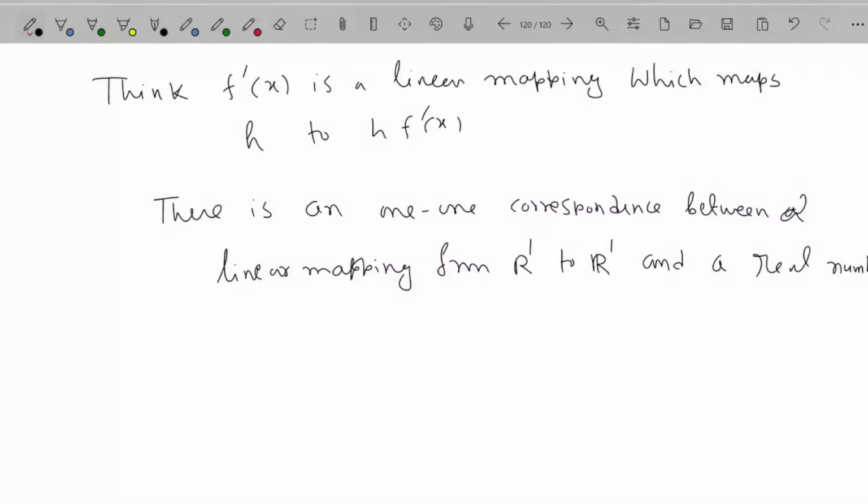So that means for each linear mapping we can think of it as a number, and similarly if we have a real number, we can think of it as a linear mapping.